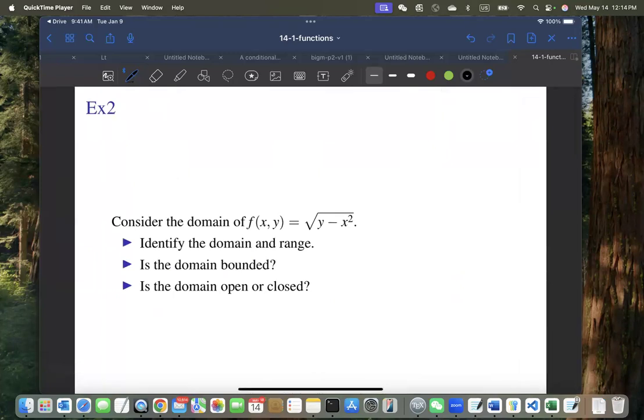All right, let's look at an example. This example involves all the concepts we have developed: domain, range, is it bounded, and is it open or closed?